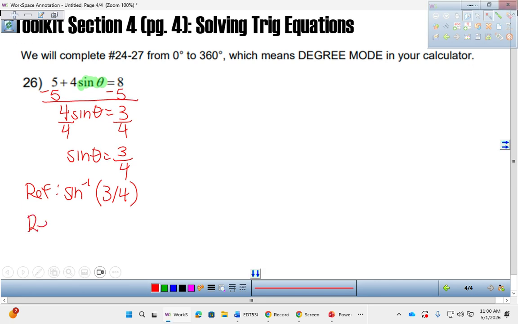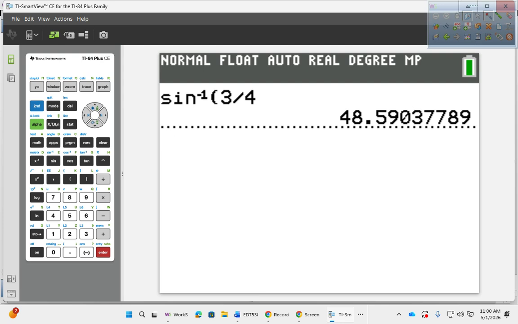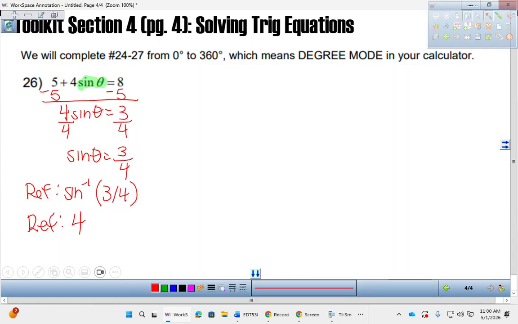Your reference angle should be something between 0 and 90 degrees. It's an acute angle. So sine inverse of 3/4, you just want to make sure you're in the degree mode. So 48.59 is my reference angle. So get the trig function alone, find the reference angle.